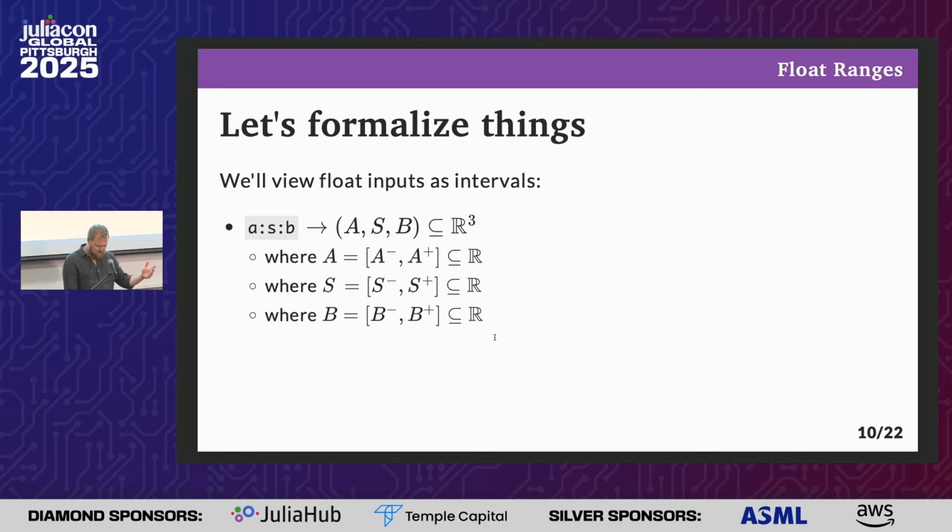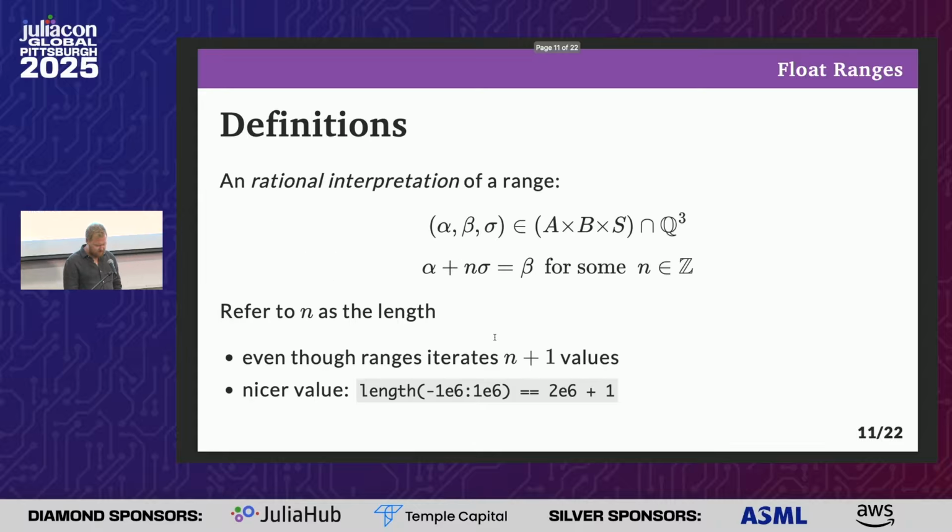All right, so let's formalize things a little bit. We'll view float inputs as intervals because that's more convenient mathematically, and that's like the set of real numbers that they could have been. So I write capital letters for the intervals, and I use minus and plus for the low and high ends.